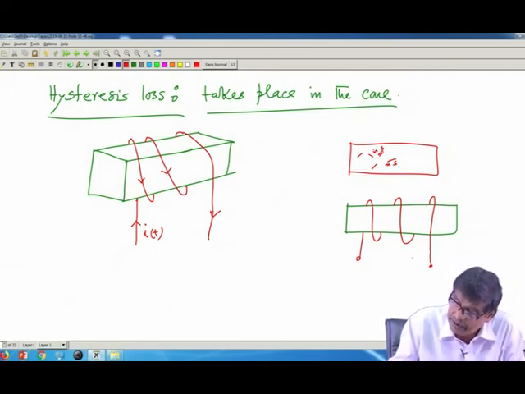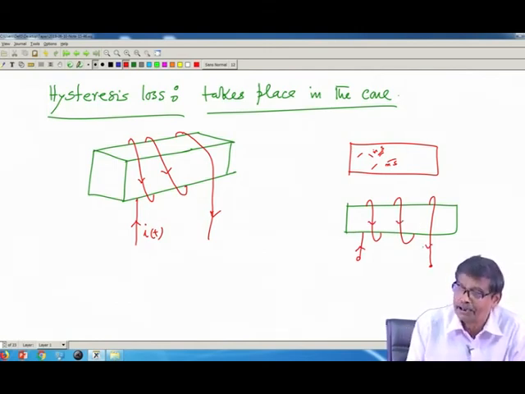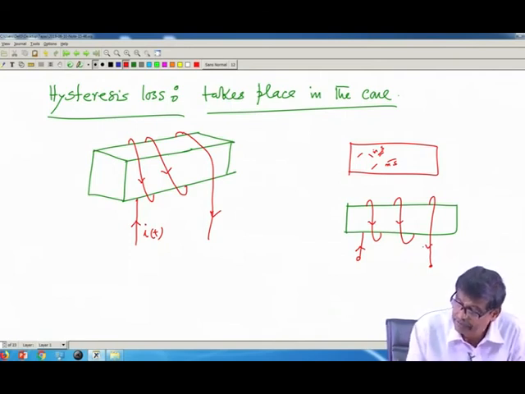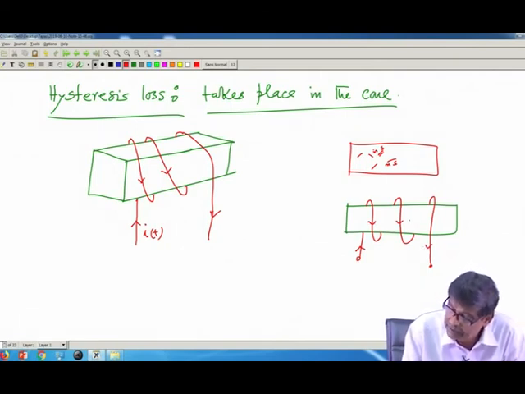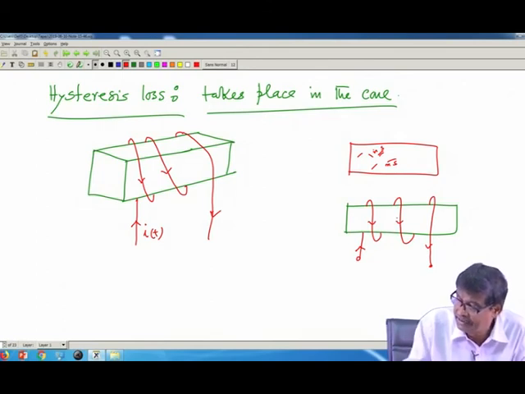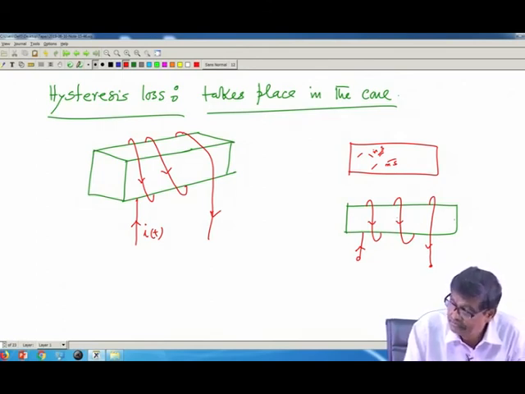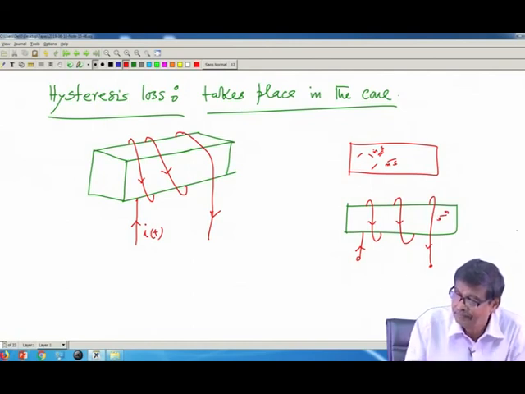But if you pass some DC current to this iron bar, that is how I make permanent magnets, you know. You have applied H along this, and each tiny magnet will try to align itself along NS.